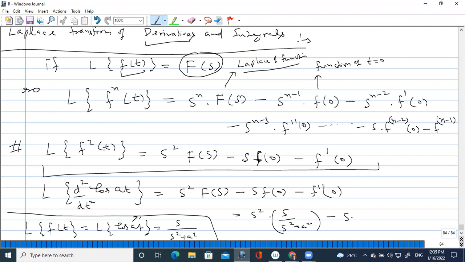Here you put 0. So cos 0 is 1. So this is s only. And minus f dash 0. So f dash will be minus a sin at, minus minus a sin at, so that will become plus a, and in sin at you will write t equal to 0, so that will become 0. Okay. So the complete answer is this much only. Note down this.